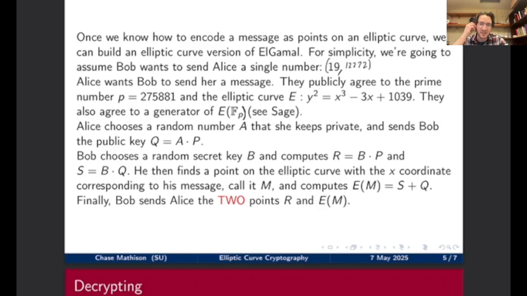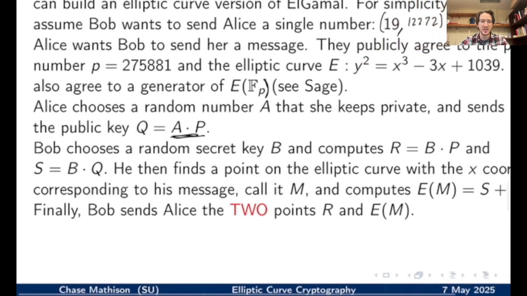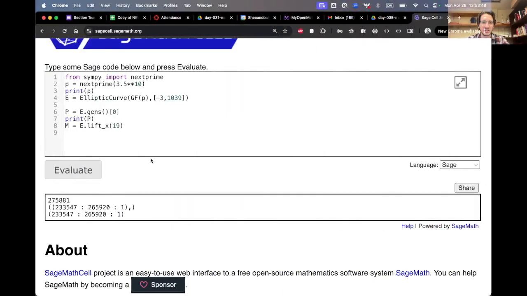Now, what does Alice do to receive a message? Just like in ElGamal beforehand, Alice needs to do her part in the Diffie-Hellman key exchange. She chooses a random private key, A, and sends Bob the public key, Q, which is A times the point P. Let's go to Sage and see this.